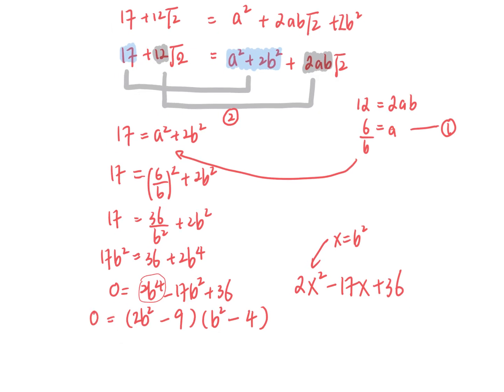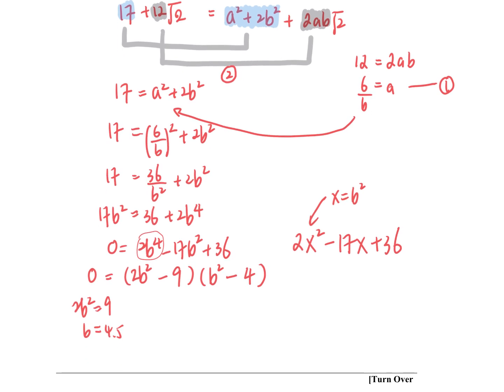Lucky. Okay, so from here, when you solve it, 2b square is 9. B square is 4.5. And then B will be square root plus minus 9 over 2. Okay, something like that. Then the other one, it will be B is equal to plus minus 2.